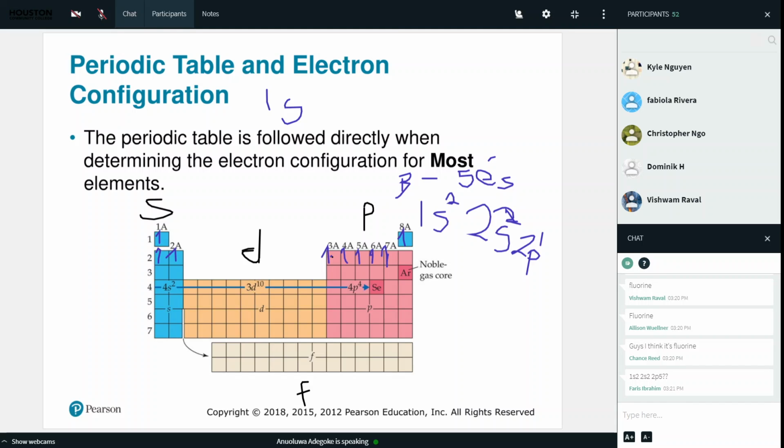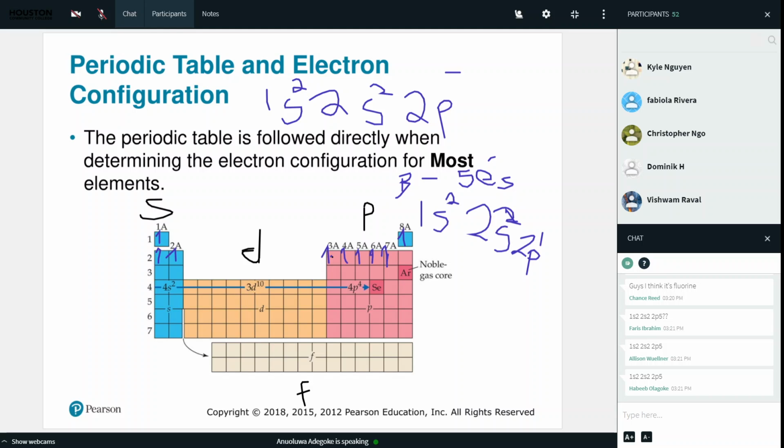So that will be 1s2, because we go from level 1. Exactly. So we have 1s2, we have 2s2, and then we have 2p5, because look, fluorine is here: 1, 2, 3, 4, 5. 2p5, exactly.